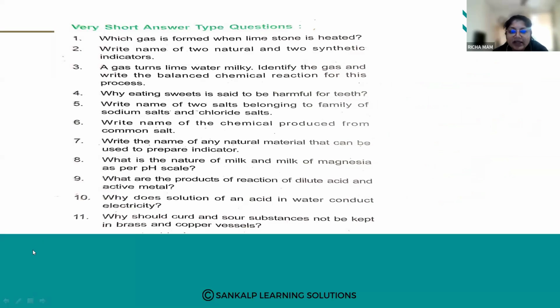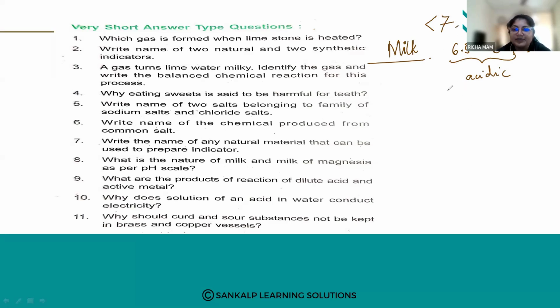What is the nature of milk and milk of magnesia as per the pH scale? Milk has a pH from 6.5 to 6.7, so it is slightly acidic. Whenever the pH is less than 7, it is acidic.